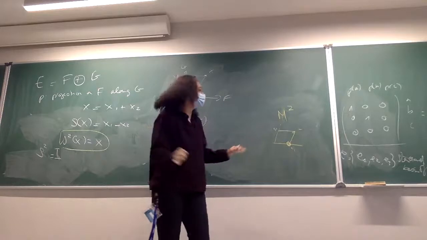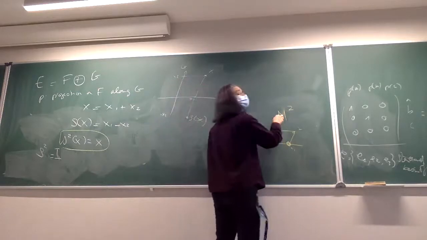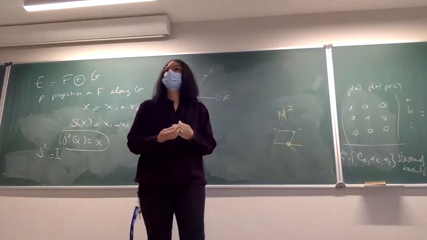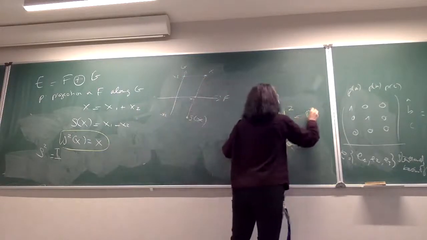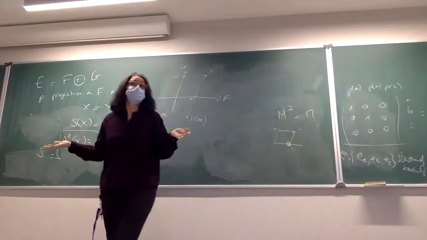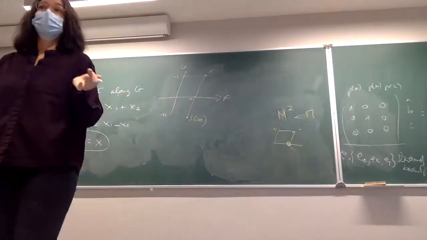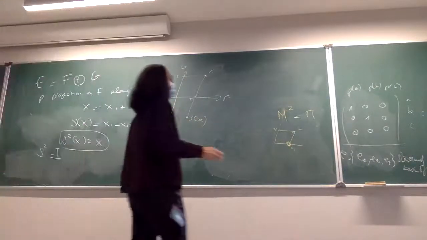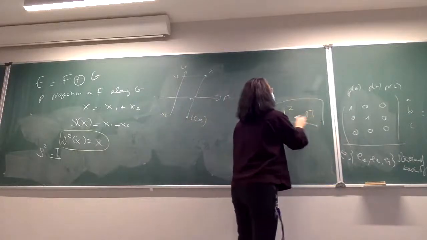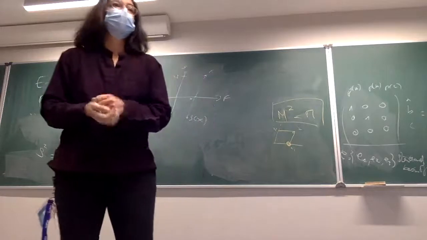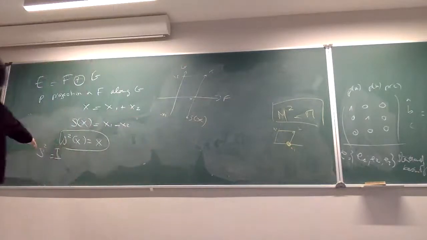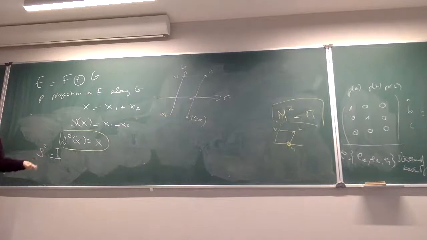You don't move. So what you get when you apply the transformation twice, which corresponds to squaring the matrix, is the same thing as if you just apply it once. So if you've got a matrix and you square it and it's equal to itself, it means you've got a projection. If you square it and you get identity, you've got a symmetry.